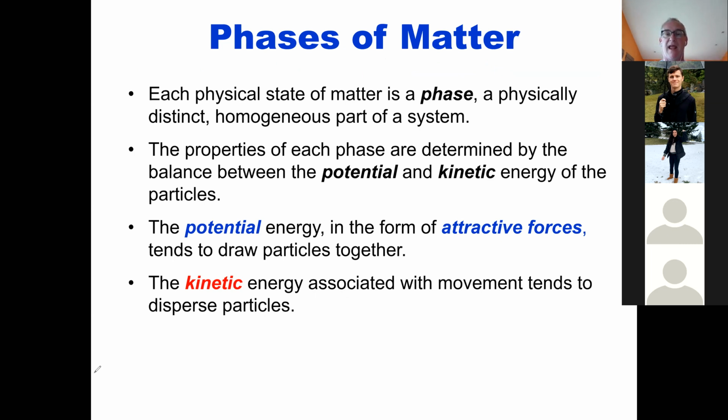And for the properties of each phase, we looked at the kinetic energy of the particles. The slower the particles move, the closer to a solid, and the faster they move, the closer to a gas. Now, the potential energy we haven't really talked about. That's what we're going to talk about now. We've only been talking about the kinetic energy, how fast the particles move.